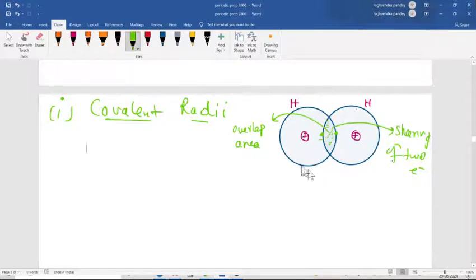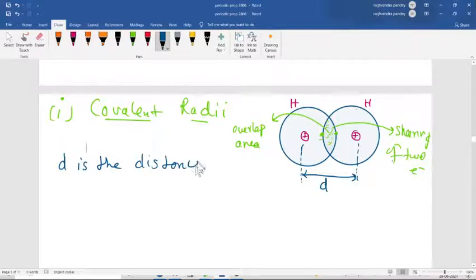Now, how do we measure the covalent radius? The measurement techniques I am not going to discuss. There are X-ray and microwave techniques, a lot of techniques which are not in your course. By all these techniques, we measure the distance from nucleus to nucleus. Suppose this is D. D is the distance from nucleus to nucleus.